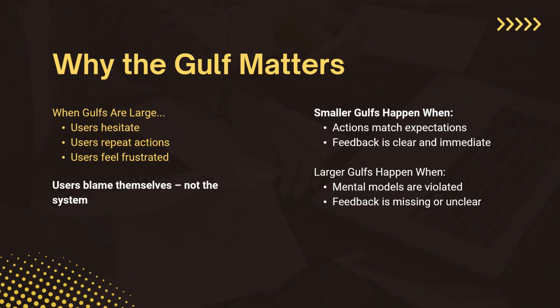When a system matches a user's mental model, what they're expecting, then the gulf of execution is smaller. When the system provides clear, immediate feedback, the gulf of evaluation is smaller. When either one of these fails, the user is going to feel lost. And when both fail at the same time, that's when people say, oh, this app is horrible.